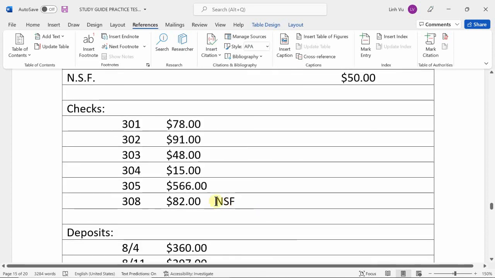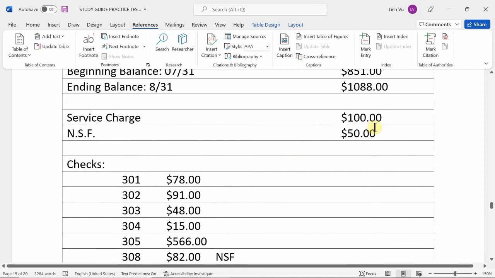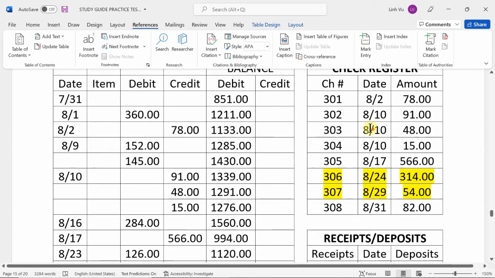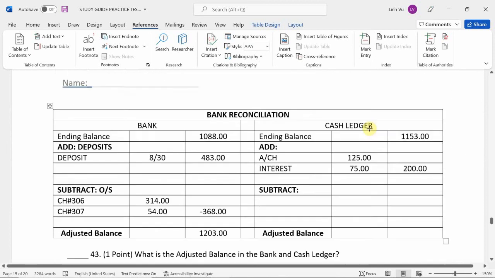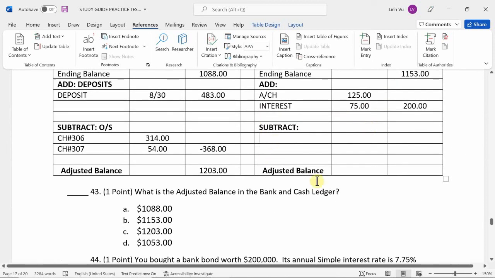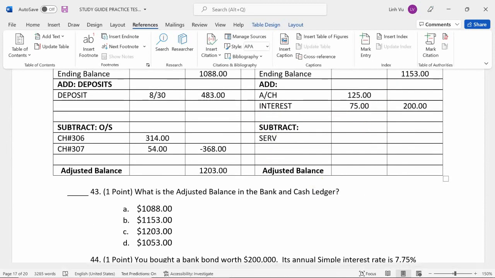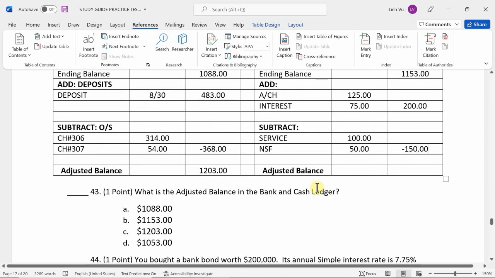They pushed it forward for you, and then it cost you $50. So, okay, there you go. Let's fill that in. So you got service charges, and you got an NSF fee of $50. So in this case, I need to subtract $150.